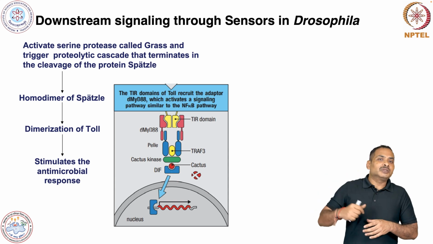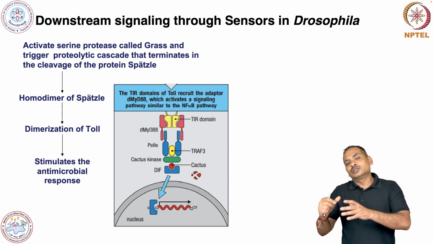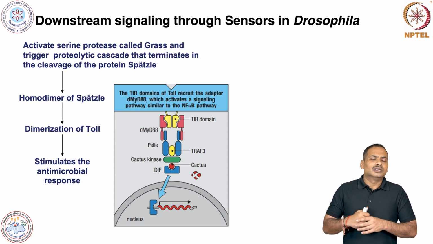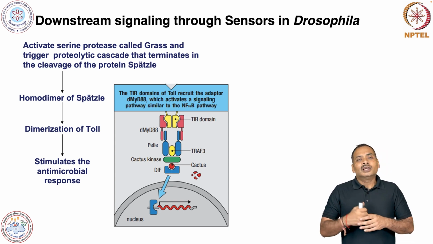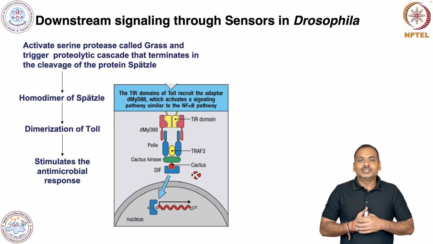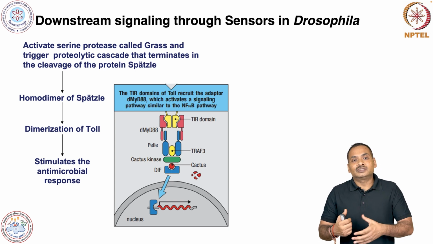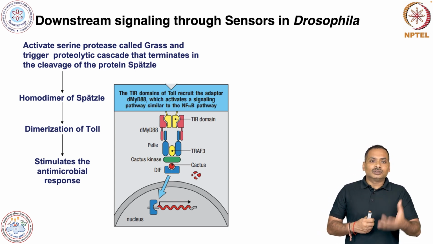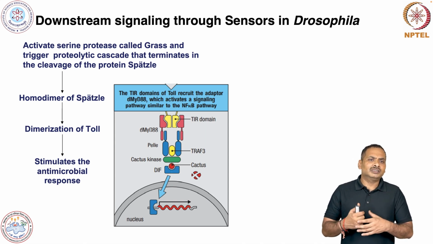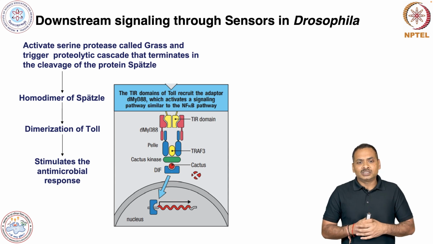And once this I kappa B gets phosphorylated, then this I kappa B will undergo proteasome mediated degradation after ubiquitination, okay, and then the free form of NF kappa B will be translocated into the nucleus, where this will trigger the transcription of various relevant genes, okay. So this is quite similar in humans or mice, although the molecules are different, but they are quite similar, okay.